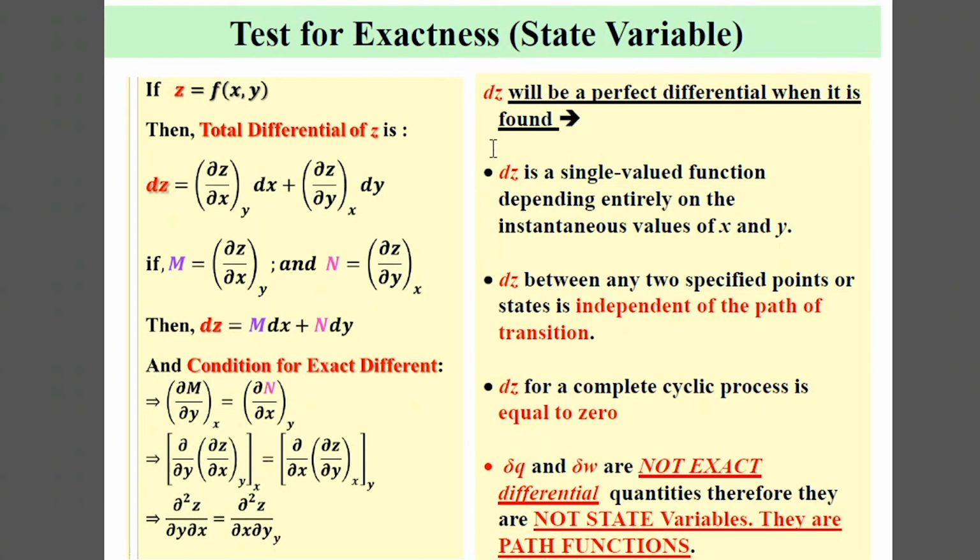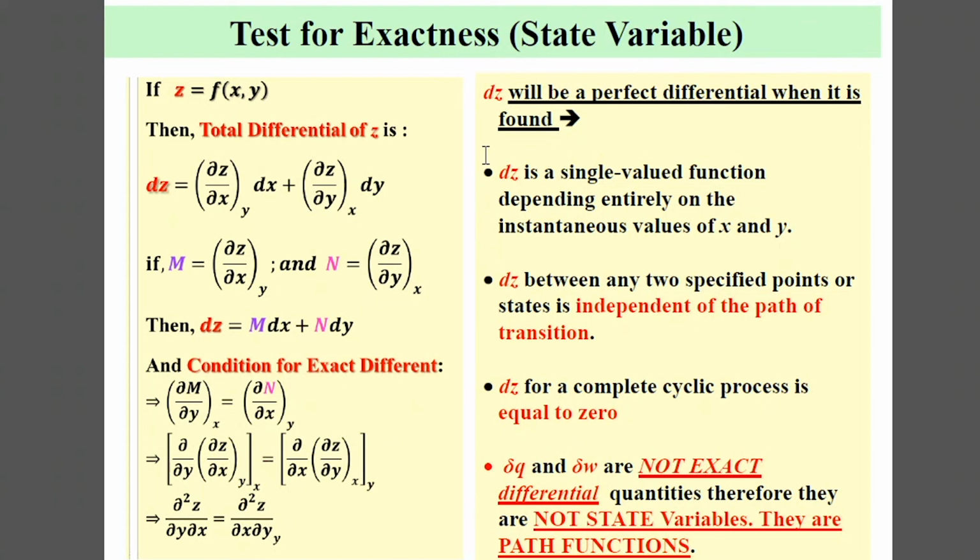If the double differentials are equal, then the function is supposed to be a state function. The total differential dz will be a perfect differential when it has the following: dz is a unique value function, depending entirely on the instantaneous value of x and y. Dz between two specified points or states is independent of the path through which the transition takes place. Dz for a complete cycle is 0.